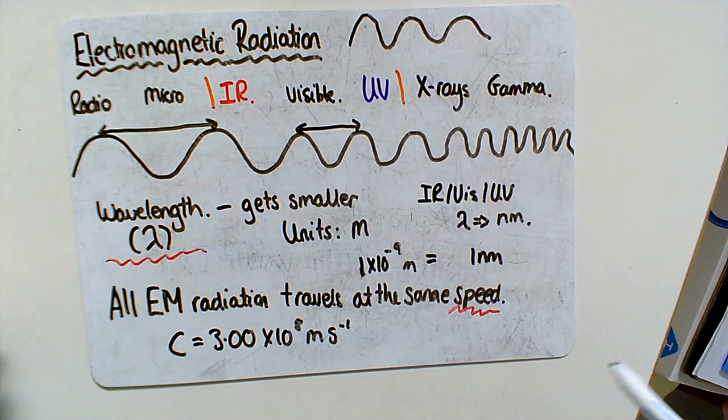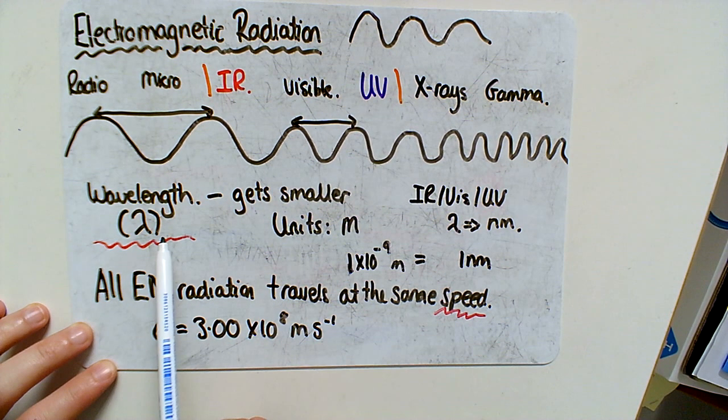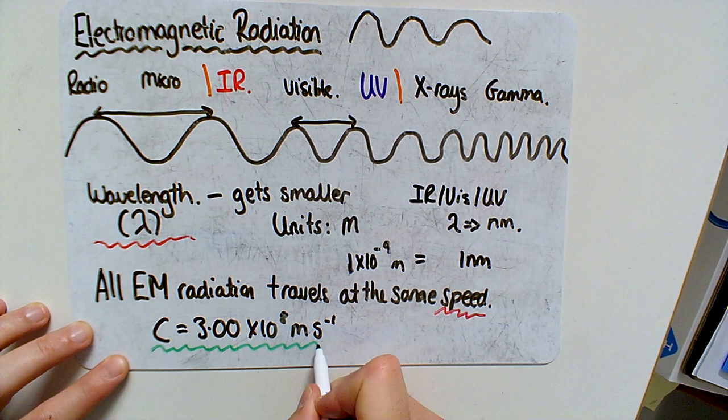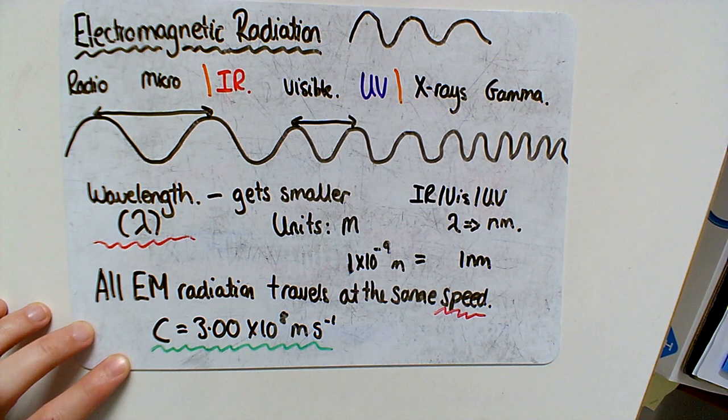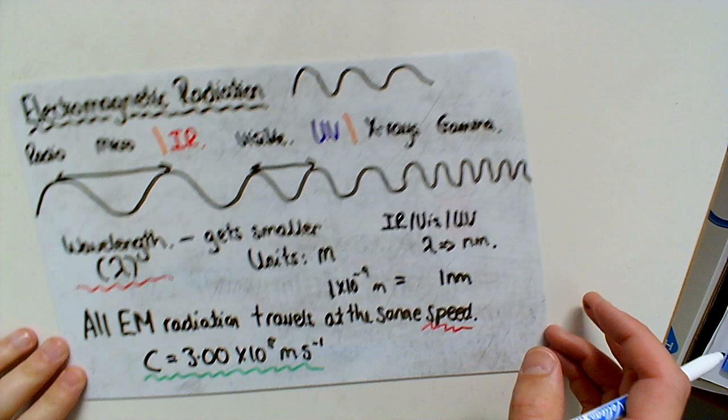So just to review everything, what we looked at was electromagnetic radiation, and we saw that every type of electromagnetic radiation has its own wavelength, that all electromagnetic radiation travels at the same speed or velocity. That's a constant, 3 times 10 to the 8 meters per second, which is in the back of your data booklet.